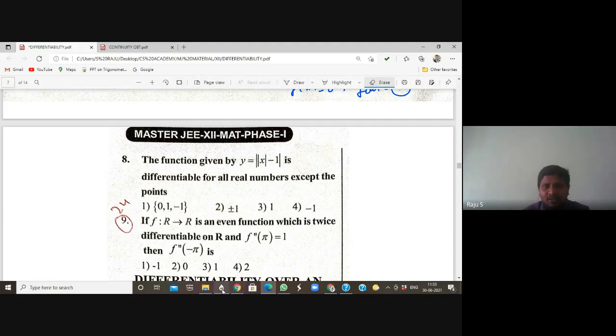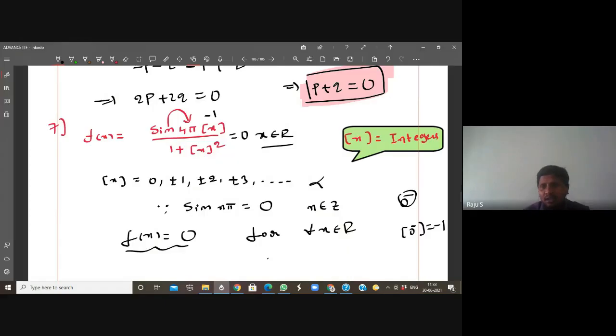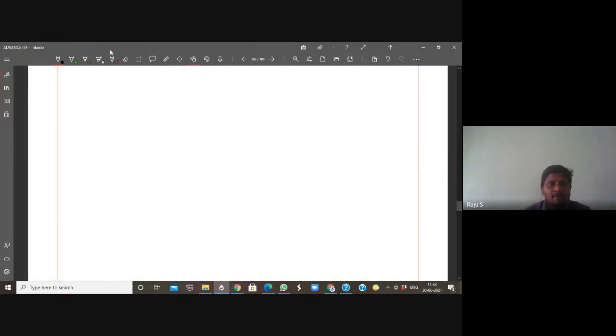I'm going to draw the graph of this simple question, y equal to modulus of mod x minus 1. For what value of x does y become 0? Otherwise, you can substitute x equal to 0 first. What is the y value? Anyone?